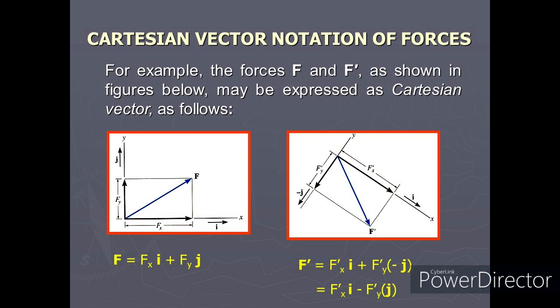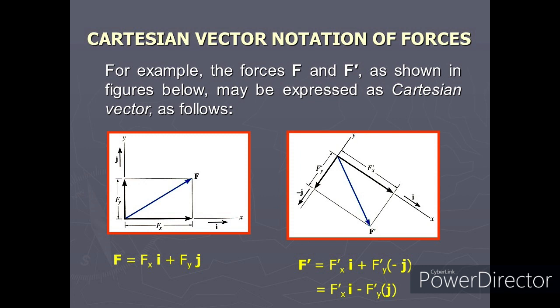Is that clear? So the component of this force vector along the x-axis is given by the scalar component and the direction. And hence, these constitute the vector. You have magnitude and direction. Am I right? The same thing with the y-axis. The vector component along the y-axis will be described by the scalar component Fy and j.